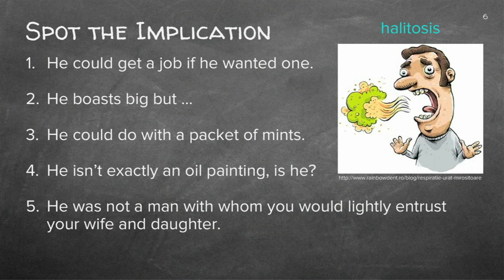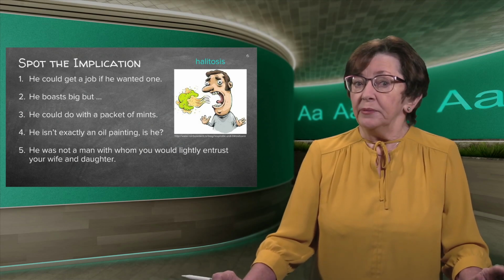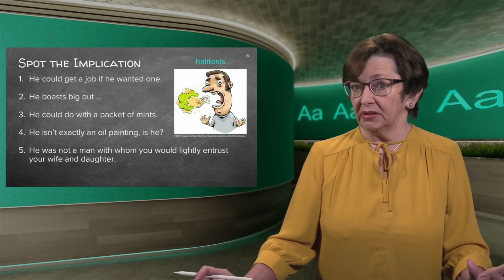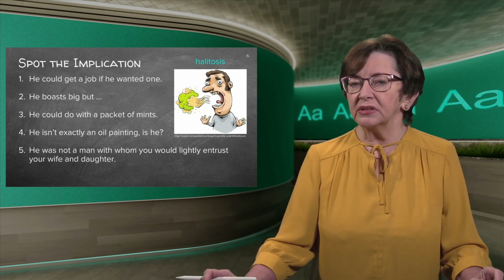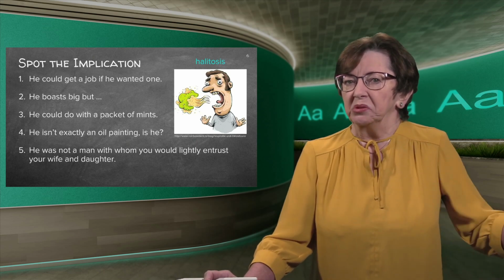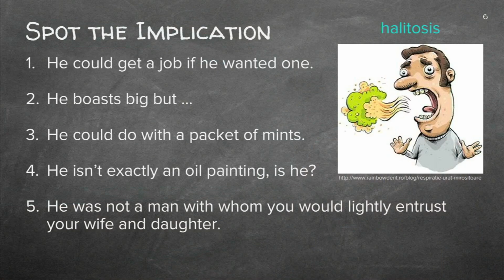If he wanted one, so we are implying that he's not really trying very hard to get a job. He boasts big, but you are saying, well, he talks a lot about what he can do, but we all know that he's not that great.